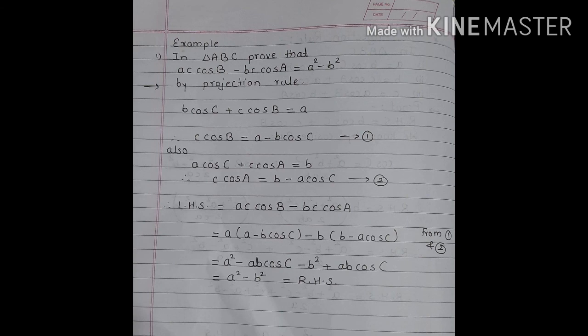Solving this, we get a square minus ab cos C minus b square plus ab cos C. So minus ab cos C plus ab cos C get cancelled. We get a square minus b square, which is our right hand side. Hence we are going to solve the examples by using the sine rule, cosine rule and projection rule.